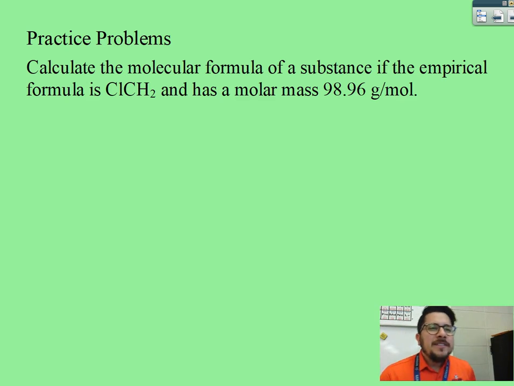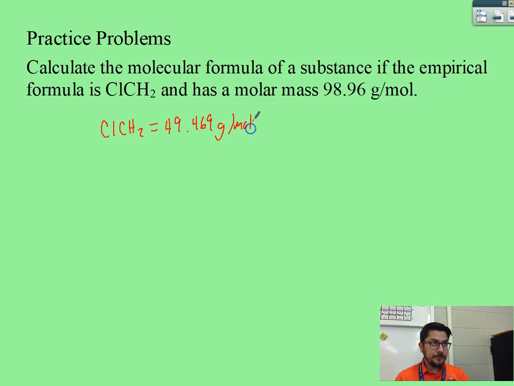Okay, try pausing the video and try doing this one on your own. Okay, if you did this one on your own, then you should be good. ClCH2. If I get the molar mass, I got 49.469 grams per mole. They want to know what's the molecular formula.